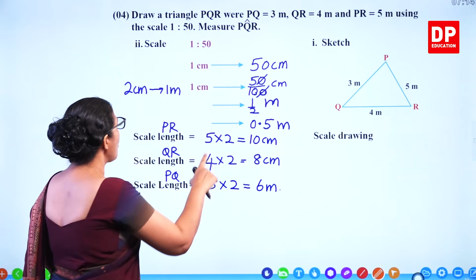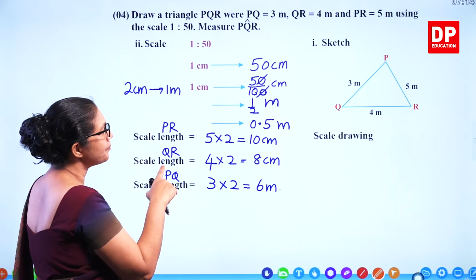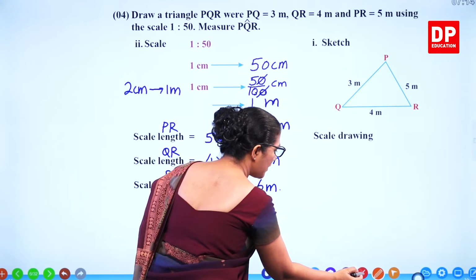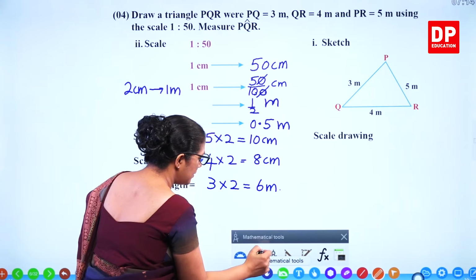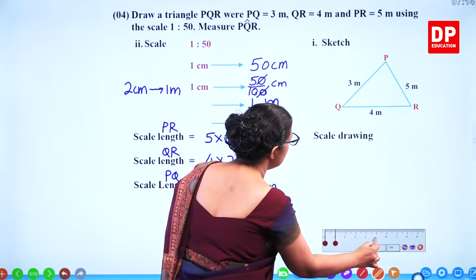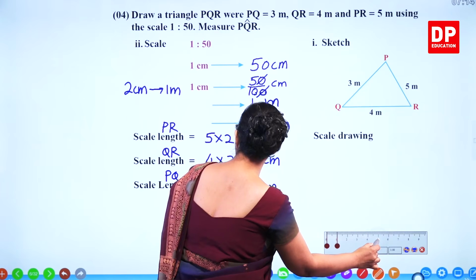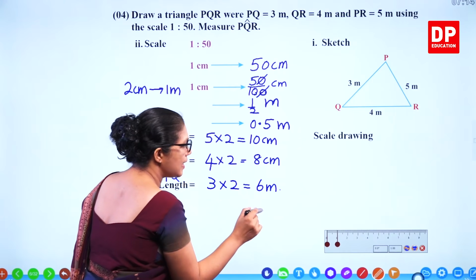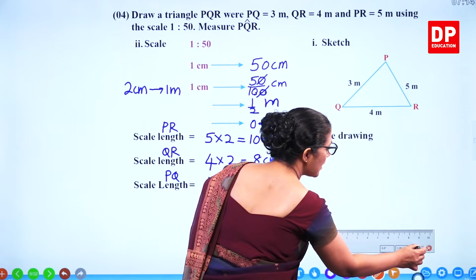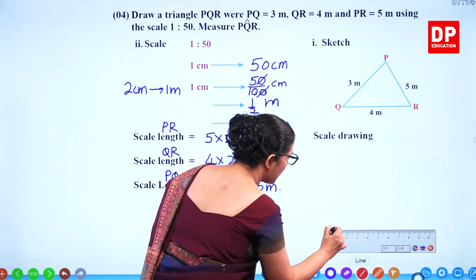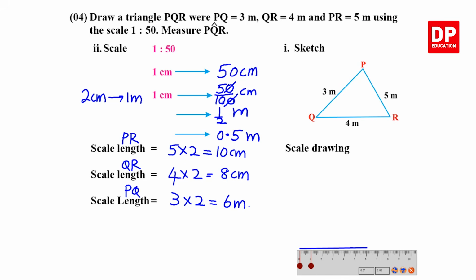Now first we'll draw the PR length. PR length here. So take the ruler. And we are trying to now draw the scale diagram. So we have to take 10 centimeter length. So I'll take here 10 centimeter length from here to here.